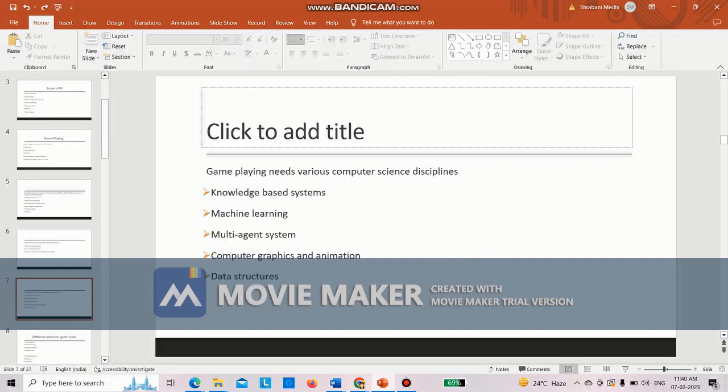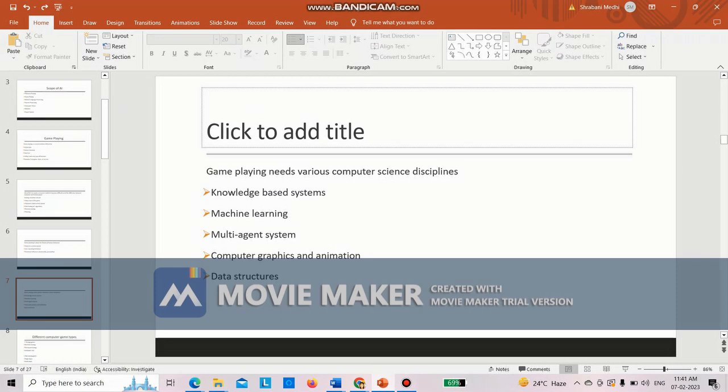Now, in order to design game playing in terms of artificial intelligence, I am telling what the various computer science disciplines are that we need. We need knowledge-based systems, machine learning, multi-agent systems, computer graphics and animation, and data structures. Machine learning means we will be using the various machine learning, supervised, unsupervised, all those things.